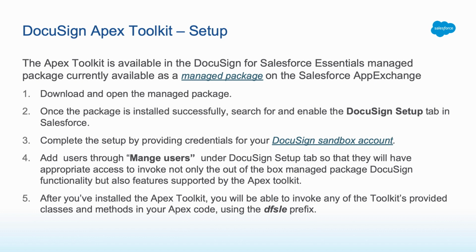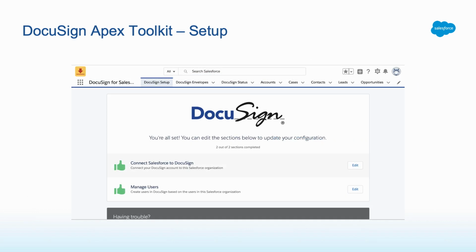First of all, again, this is currently offered as the DocuSign for Salesforce Essentials package. So the first step is to download and open the managed package. Once you install it successfully, you have to look for the DocuSign setup tab inside your Salesforce org. And through that tab, I'm going to show you this page.